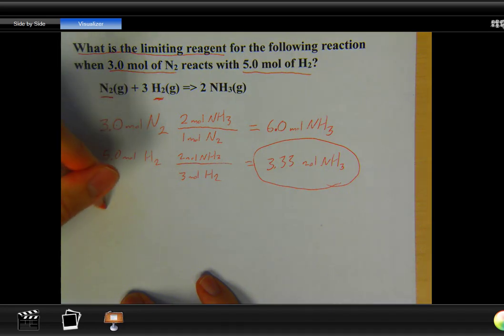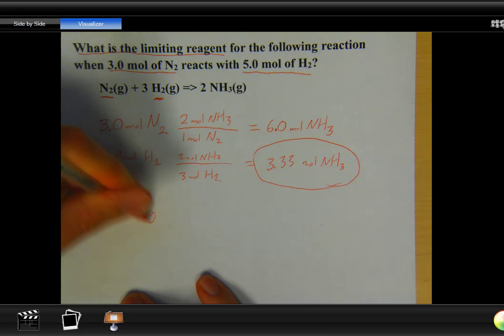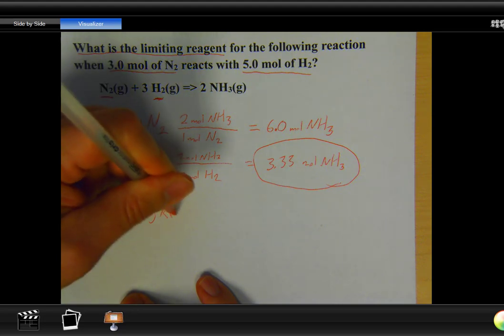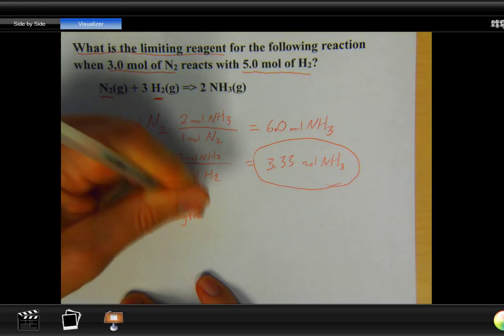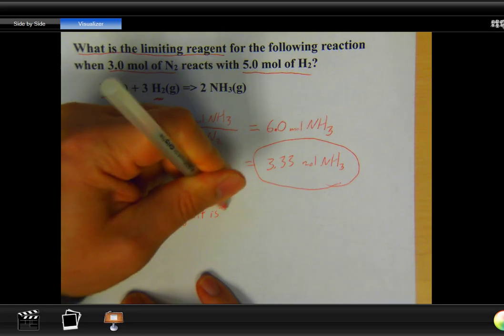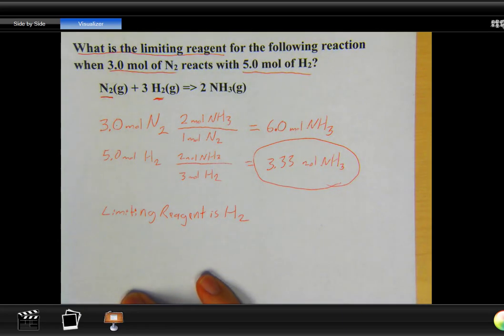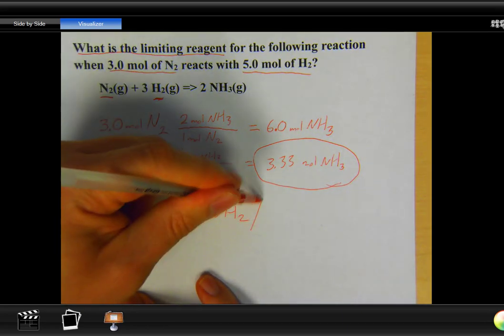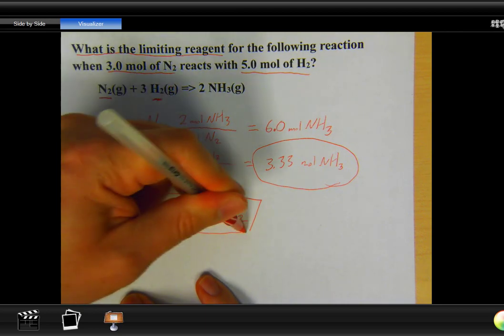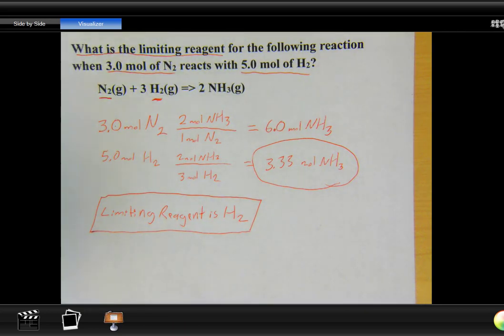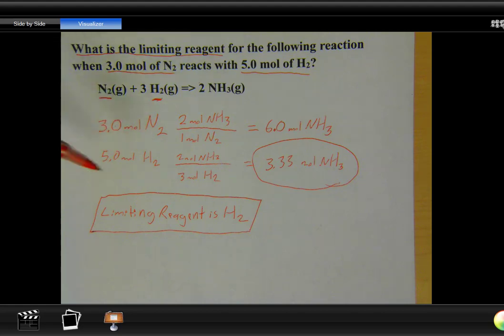So the limiting reagent is whichever reactant gives you the smallest amount. And so in this case, it's the hydrogen. Okay, so this is our answer to the question. The limiting reagent is hydrogen, because hydrogen gave us the smallest amount of our product.